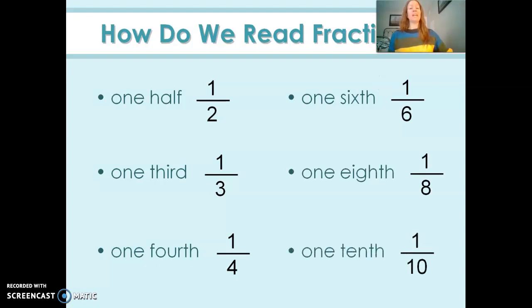So if we look at this page, we notice something. We notice that the top number on all of these fractions are the same. So that's the numerator. But the bottom number, the denominator, are all different numbers. And I wonder what that means. So we're going to find out.